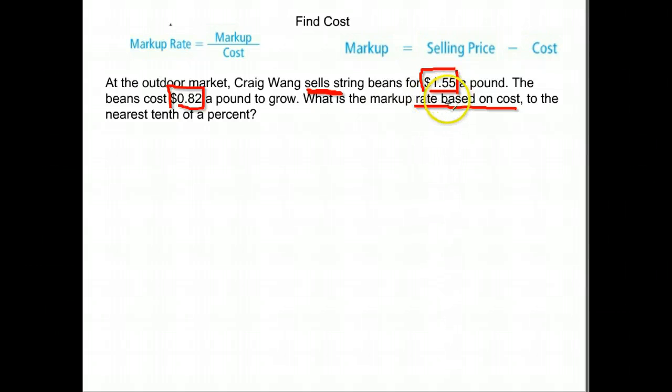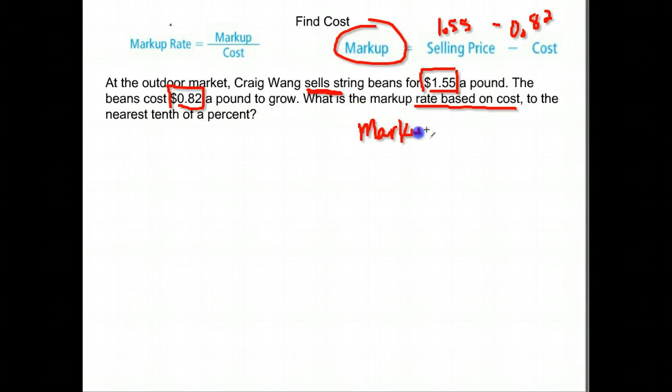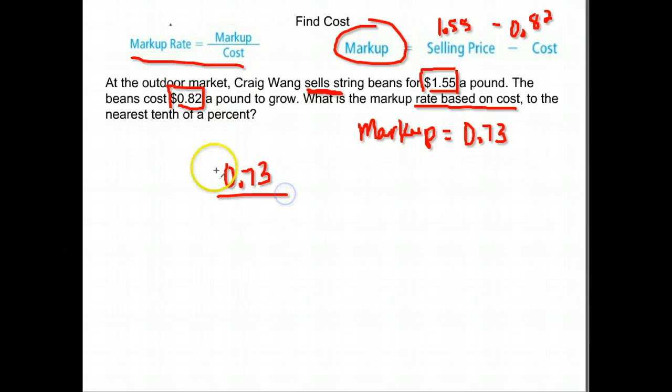We're supposed to find the markup rate. So the first thing we're going to do is find the markup, which is the selling price, $1.55, minus the cost of 82 cents. That gives me 73 cents. So my markup, the amount they added to their cost, was 73 cents. Now we can find the markup rate, which is the markup, 73 cents, divided by the cost.